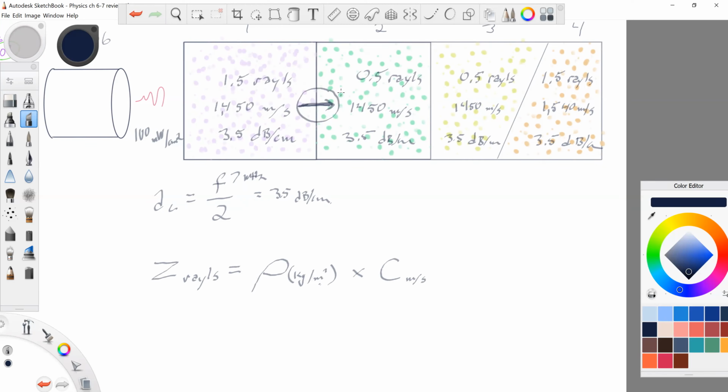Why does that matter? Because that determines whether or not there is reflection. There's a pretty significant change in impedance, so there's going to be reflection. So there's going to be incident, transmitted, reflected. But what are we not going to have? We are not going to have refraction.